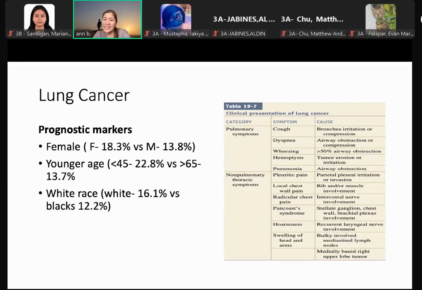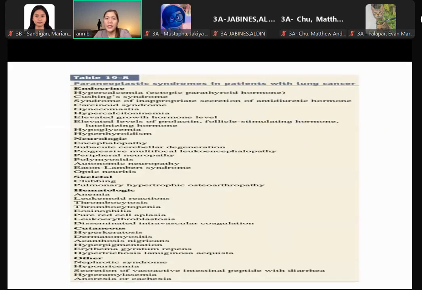But hoarseness of voice is a late symptom already for the patient, meaning there are lymphadenopathies already on the laryngeal nerve.